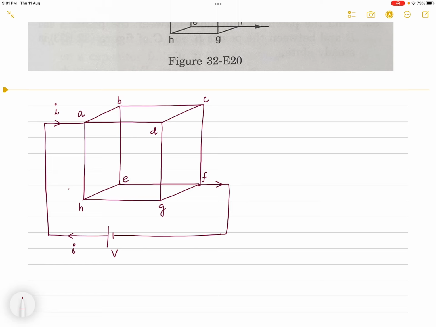Here we have resistors which are connected in this particular form as shown. So understand that our current I has to move from A to F, and if we try to identify the paths available for this current to move from the highest potential point A to the lowest potential point F, there are various paths through which the current can travel.